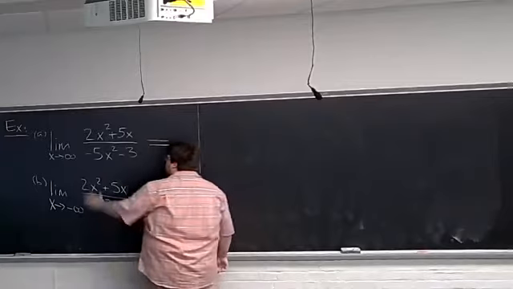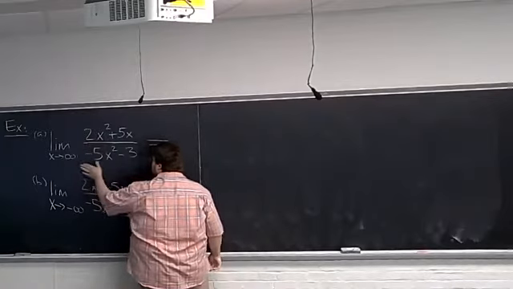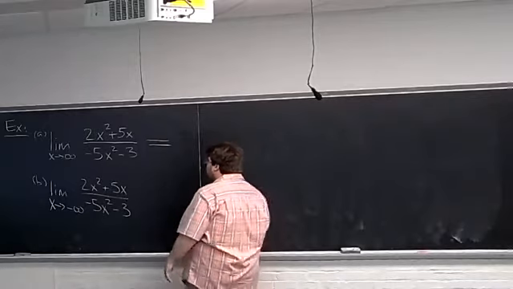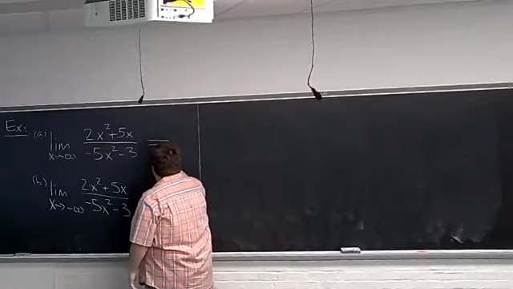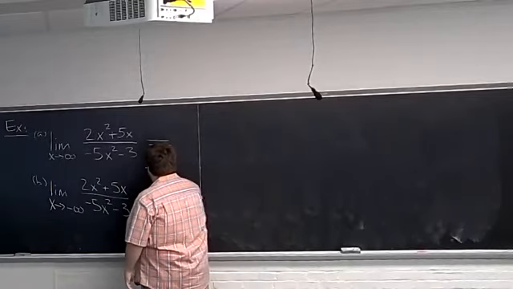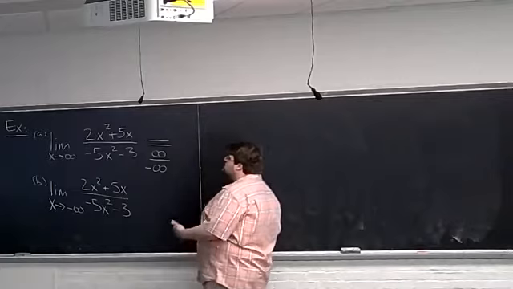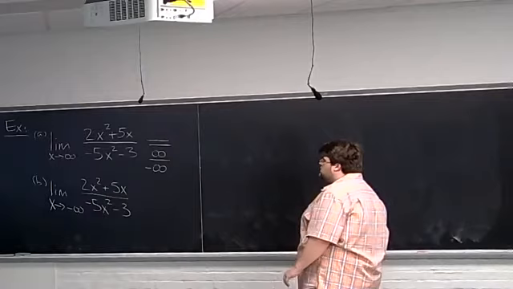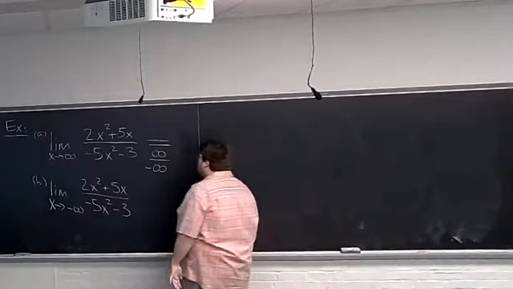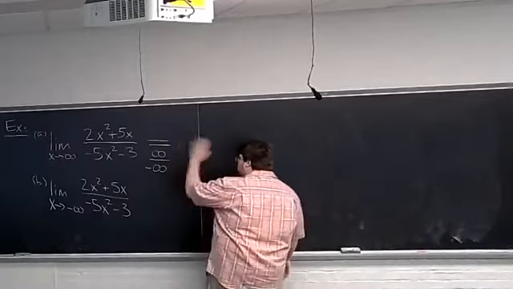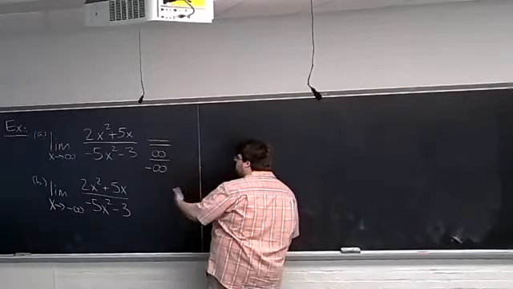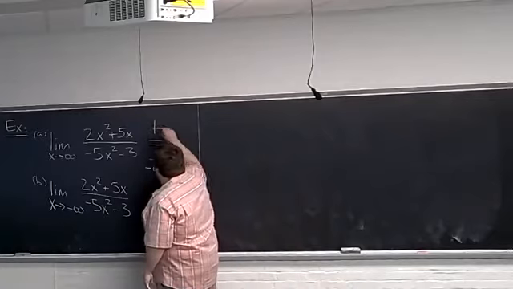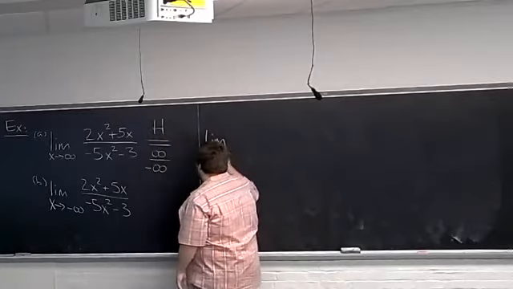On the bottom, x squared again goes to infinity, but there's a negative 5 on it, which flips it over to negative infinity. So as x goes to infinity, the form this first limit takes is infinity over negative infinity. L'Hopital's rule applies when our fraction takes the form of any infinity divided by any infinity, meaning positive or negative divided by positive or negative. And we can apply L'Hopital's.